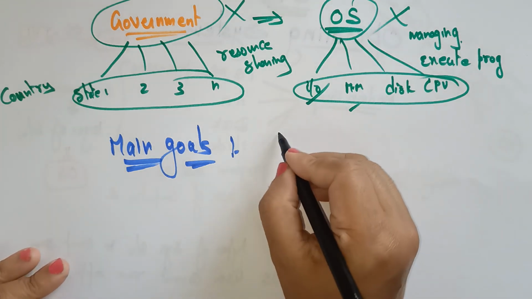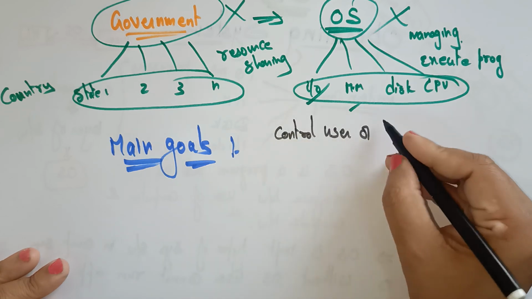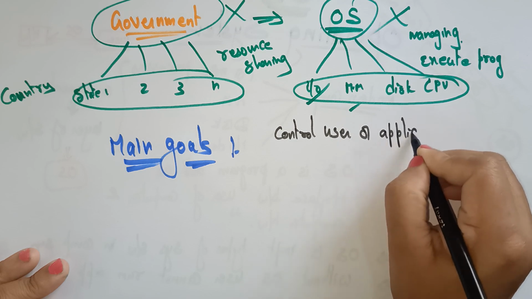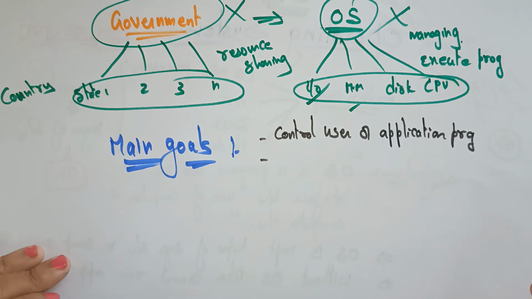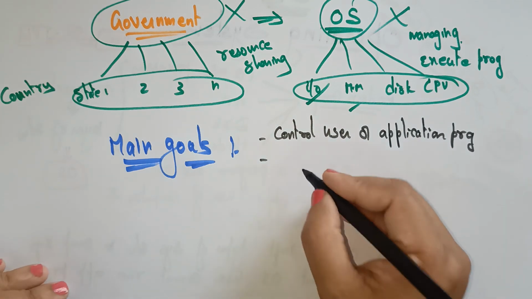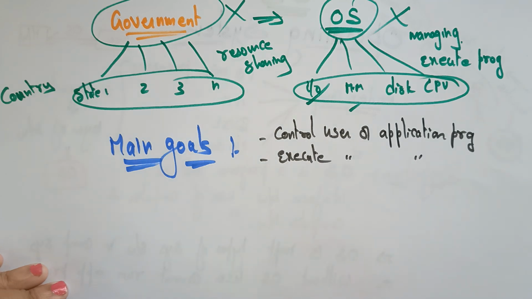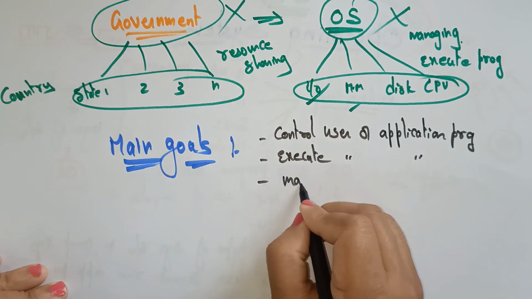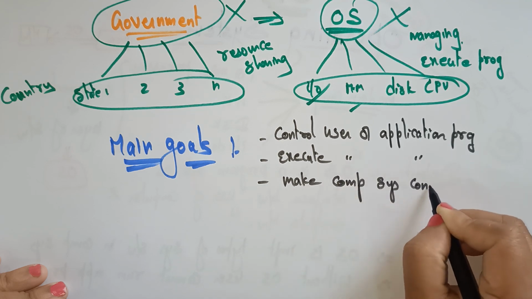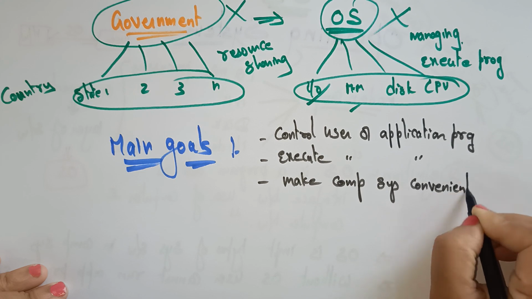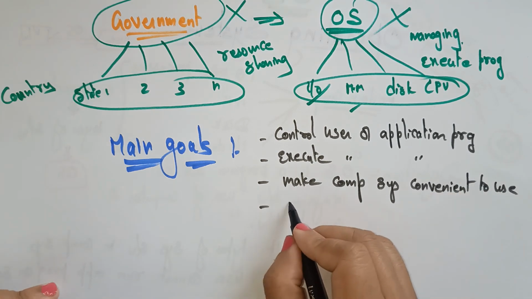The main goal of the operating system is to control user or application programs, and it executes user or application programs. It makes the computer system convenient to use, and it is easy in solving user problems.